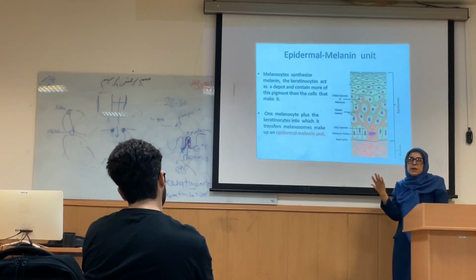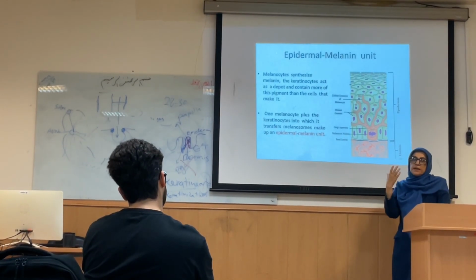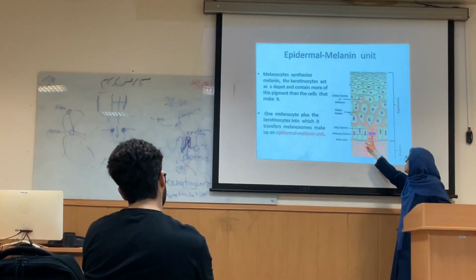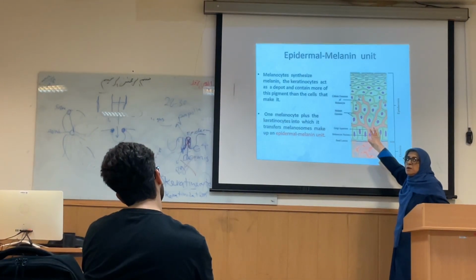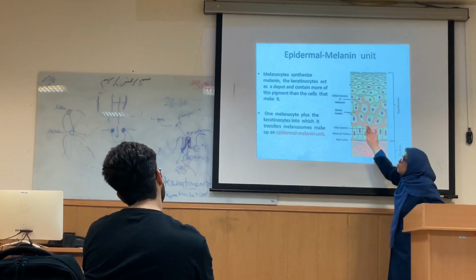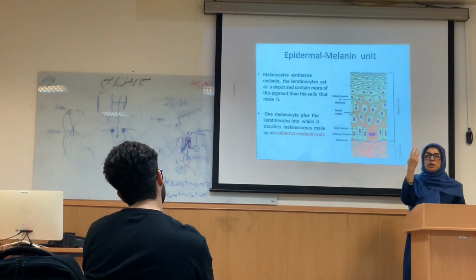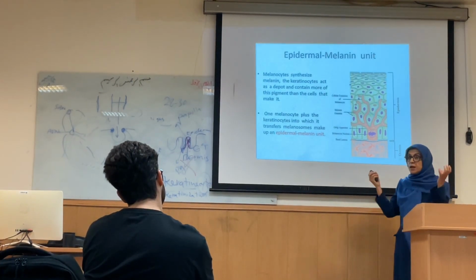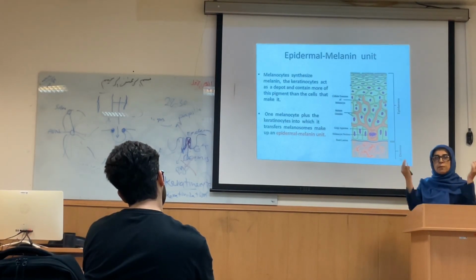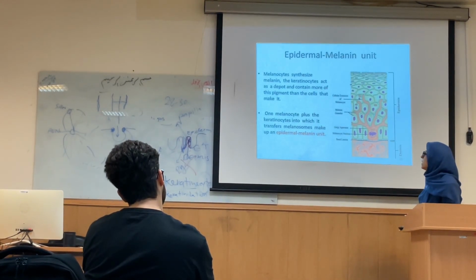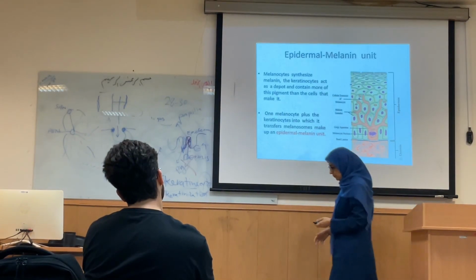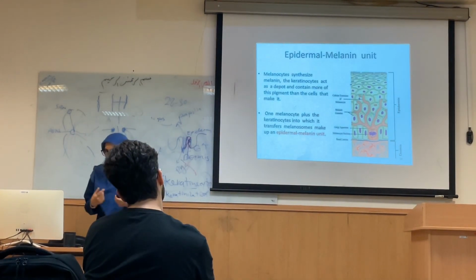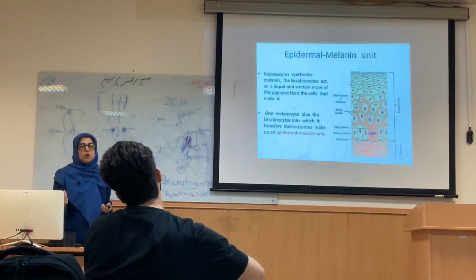But in a dark person, for example in Africa, with dark skin color, one melanocyte transfers its melanosomes to maybe 2 or 3 keratinocytes. It means the epidermal melanin units are more numerous in this person, so more keratinocytes store more melanin, and finally they have dark color. This is maybe one of the questions: what is the epidermal melanin unit?